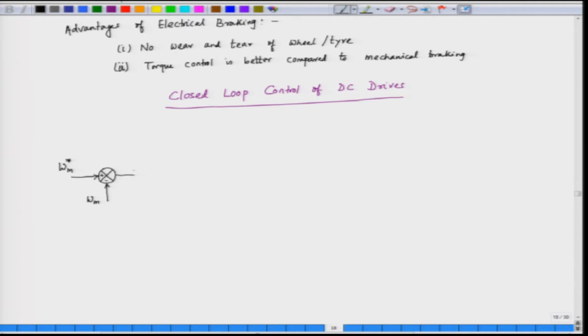Then we feed this to a speed controller, and then the speed controller outputs the current.